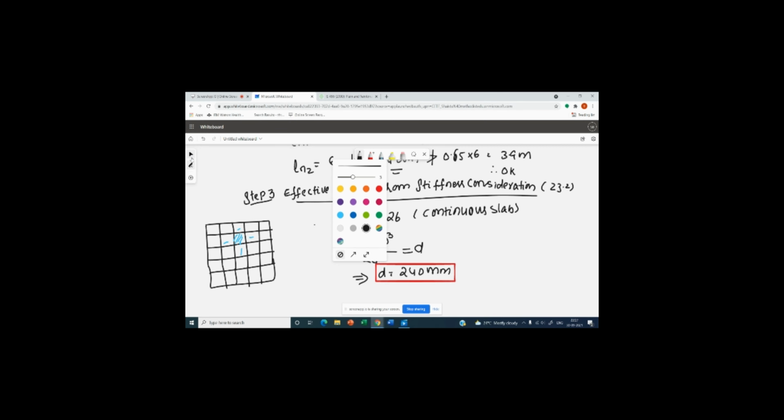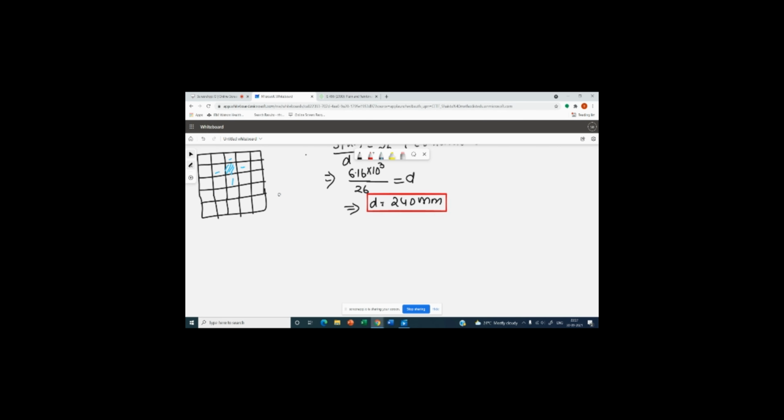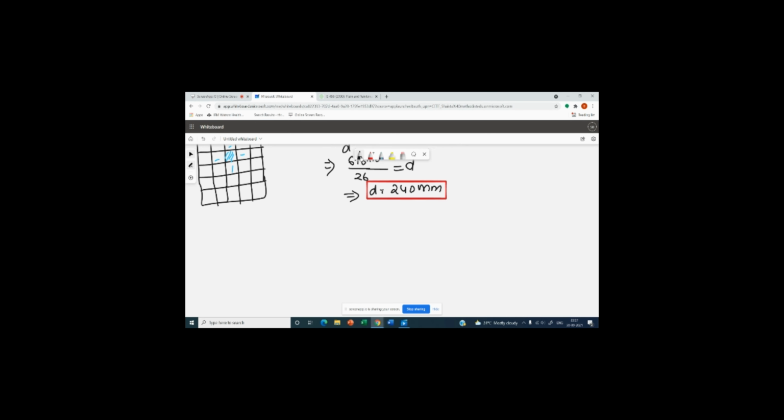Now to this we have to add the cover. So provide an effective cover for the slab. It can be like 25 mm you can go for. Okay, cover of 25 mm.